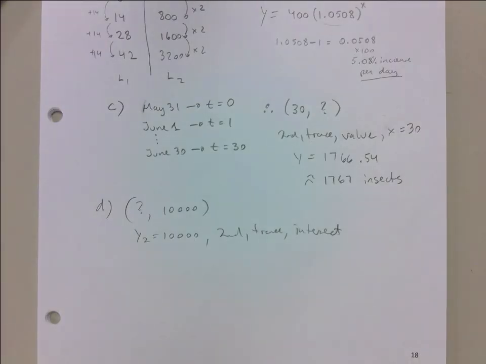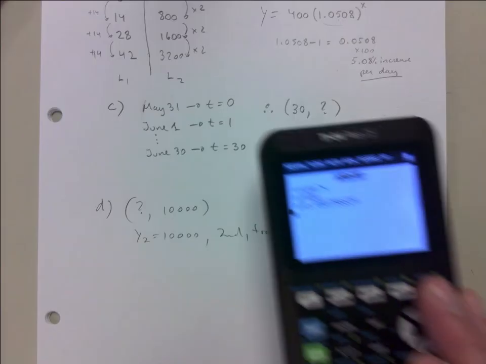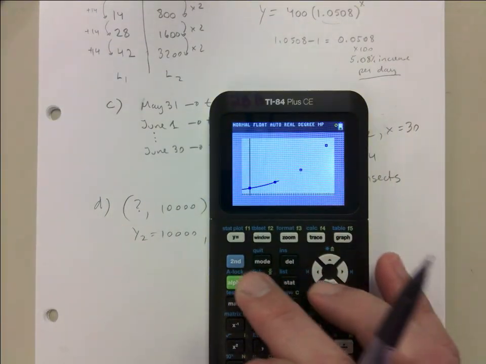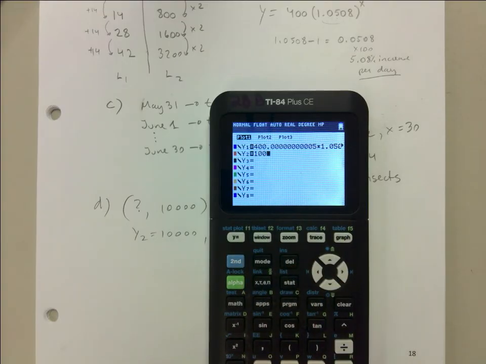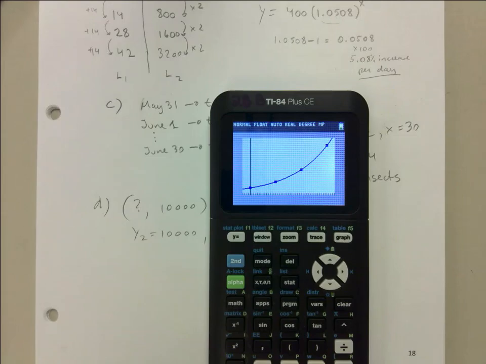Your window is probably going to need to change for this one. It may not need to, but I'm pretty sure it's going to have to change. So let's go ahead and try that. Y2 is 10,000. I don't see it. So you've got two options. Change your window or try zoom fit.